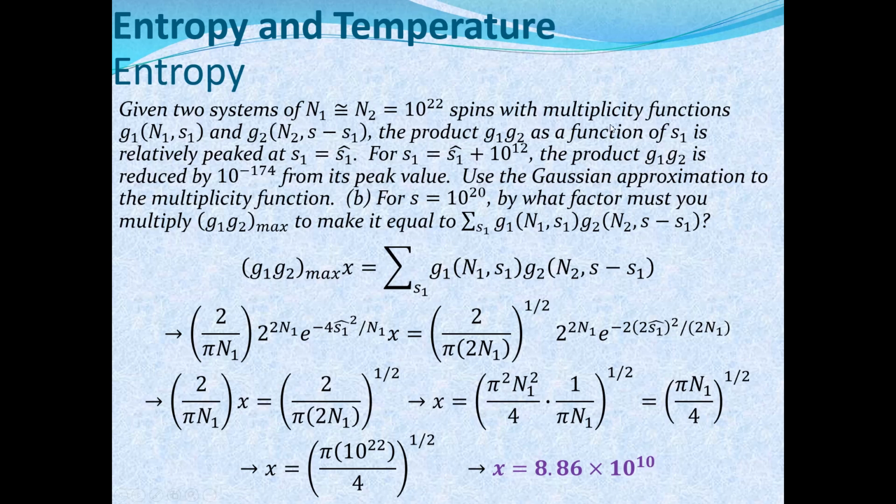So basically saying that the total available states is going to be this number times bigger than the number of states in the most probable configuration, which makes sense.